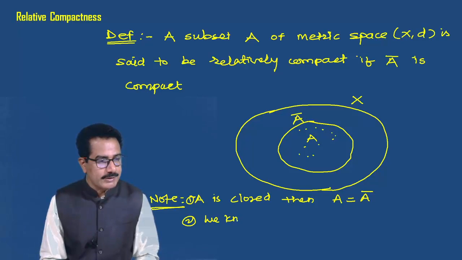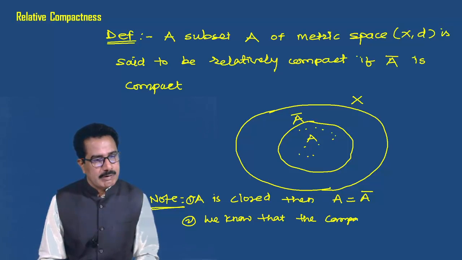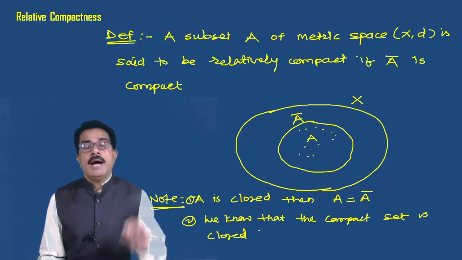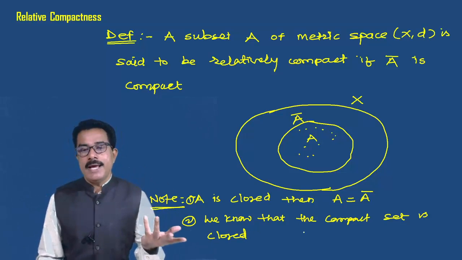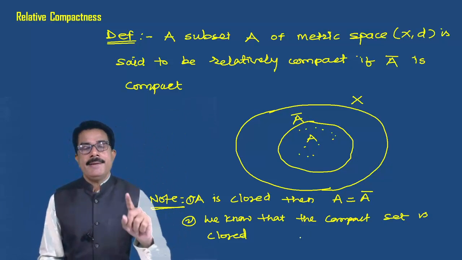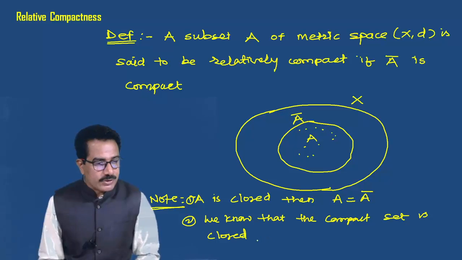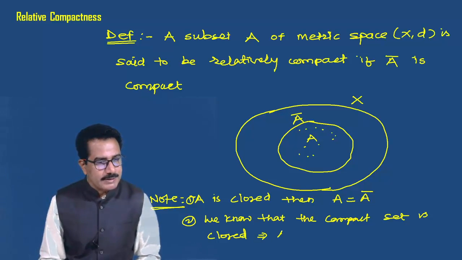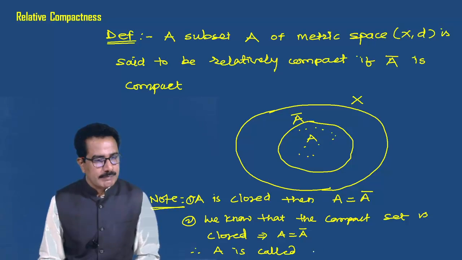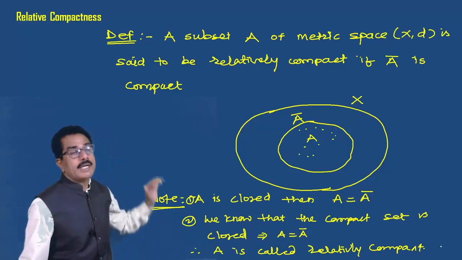We know that a compact set is closed. If a set is closed, then A bar is equal to A. That implies A bar is equal to A. So A is called relatively compact. A is called a relatively compact set.